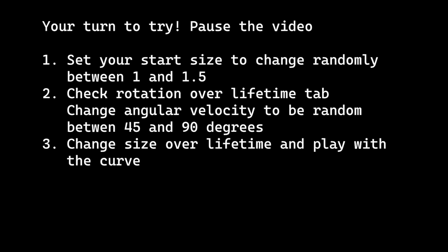Then, check the Rotation over Lifetime tab and change the angular velocity to be random between 45 and 90 degrees. After that, go and check the Size over Lifetime tab and click on the Size curve. You can right-click and add points to change the way the curve looks, or you can use one of the defaults to change the size over the lifetime of each particle to what you like.